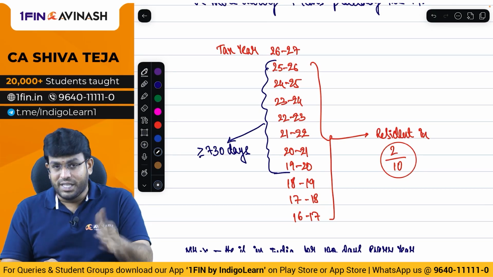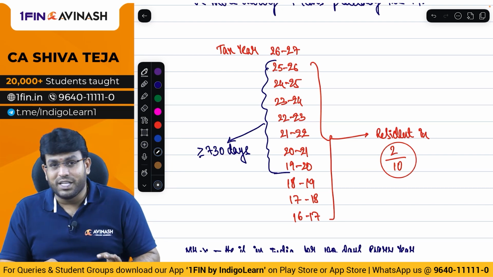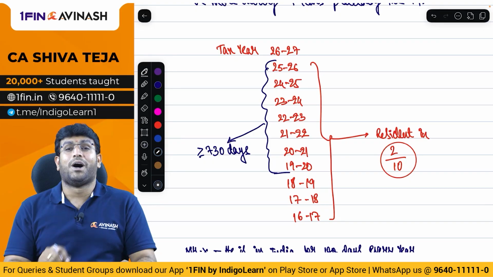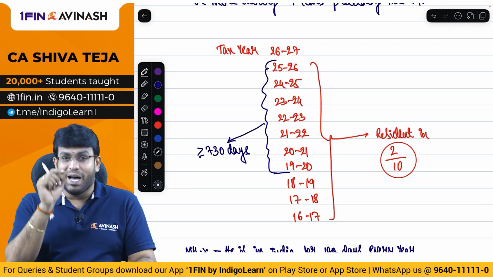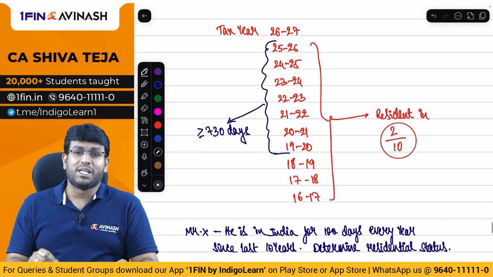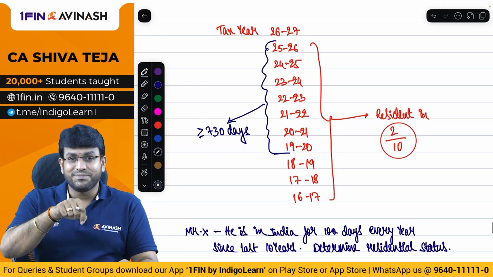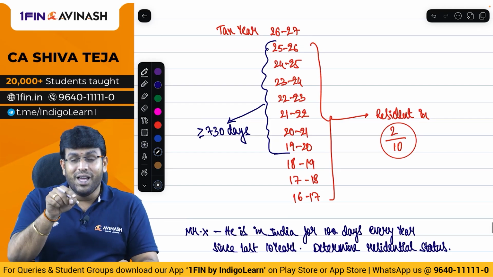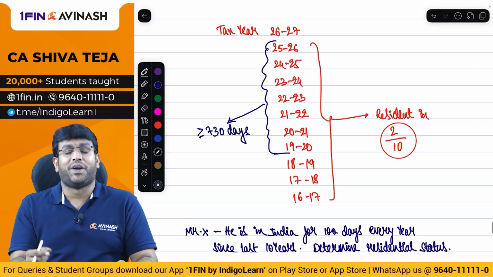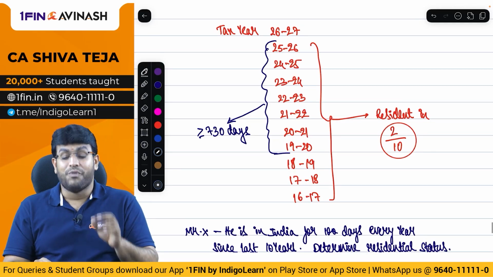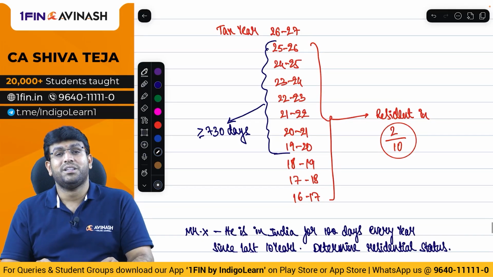If both are not satisfied, or even one is not satisfied, still the person will be RNOR only. So to become ROR, an individual must satisfy both additional conditions. Even if one or none are satisfied, still he will be regarded as RNOR. A very, very interesting point.